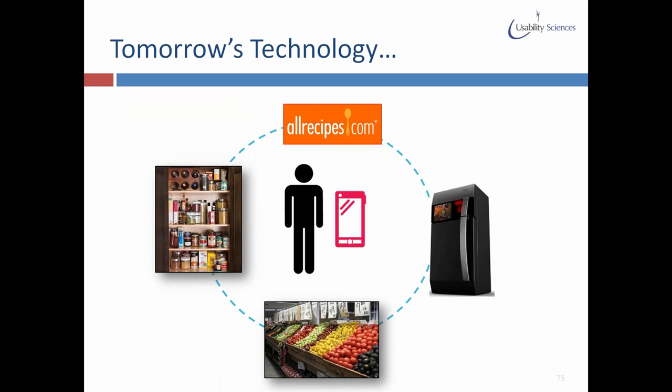So walking into the store could generate an experience maybe that looks like this. Walking into the store, because you've got geo-tagging on your phone and the store is aware of where you are and that you're actually in the store, a trigger is then sent to recipes.com, who then takes a look at some of your favorite things that you like to cook, who then sends a trigger over to your smart refrigerator and takes a look at what's in your refrigerator and what you currently have, who then sends another trigger over to your smart pantry to validate the other items in your home that might allow you to make the recipe.